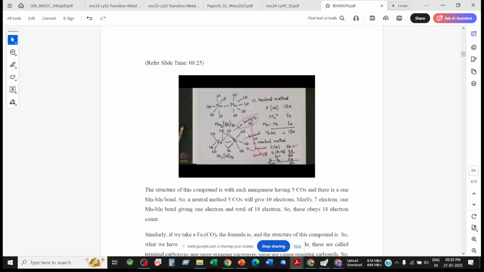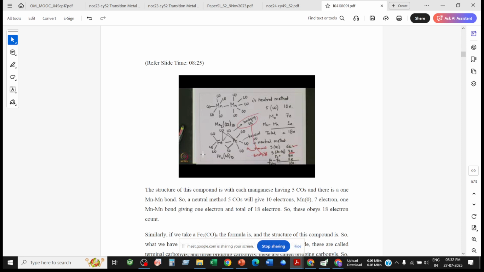Here you can see the structure of Fe2(CO)9. Can you see it? You can see that 3 carbonyl groups are terminal on each iron, and another 3 carbonyls are bridging. But for the manganese compound, all the carbonyl groups are terminal, with no bridging.